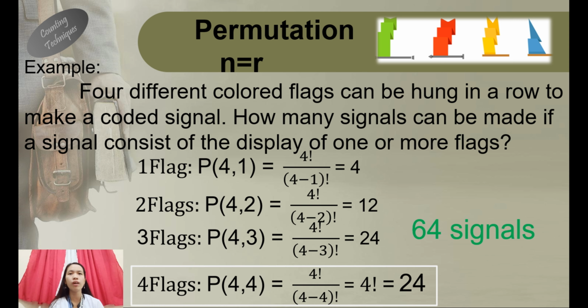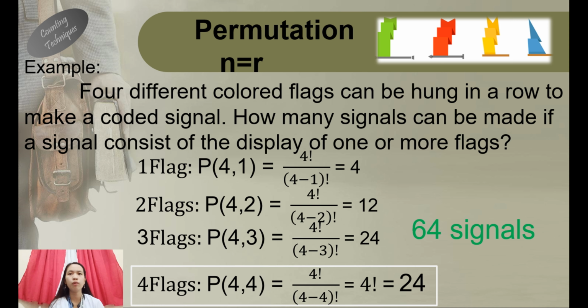So, 4 factorial divided by the quantity 4 minus 2 factorial is equal to 12. For those who don't know how to compute it, the factorial of 4 is 4 times 3 times 2 times 1.